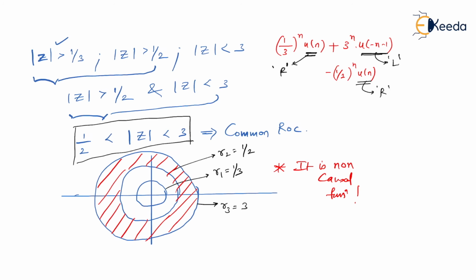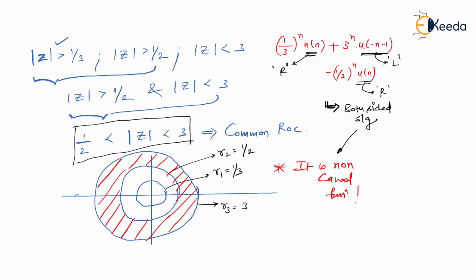So a right-handed signal plus a left-handed signal, the combination becomes a both-sided signal. And you know that a both-sided signal is said to be a non-causal function. So whenever there is a non-causal function, you will always find the ROC trapped between two circles. If it is a causal function, you will always see the ROC outside the circle. If you find an anti-causal function, you will always find the ROC inside the circle.